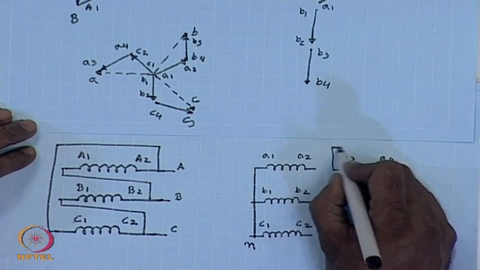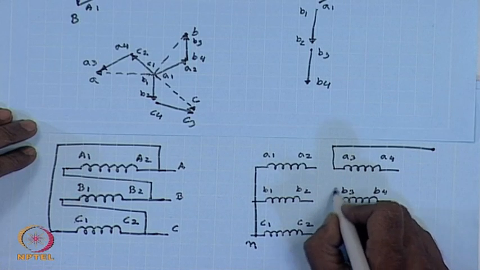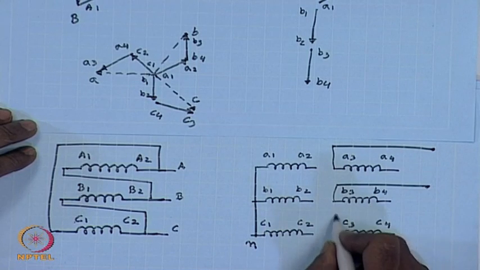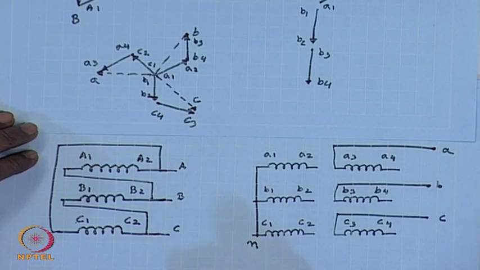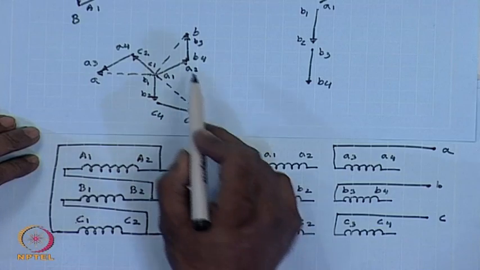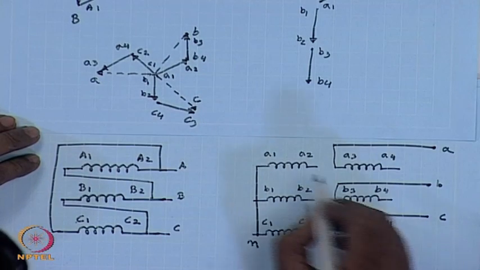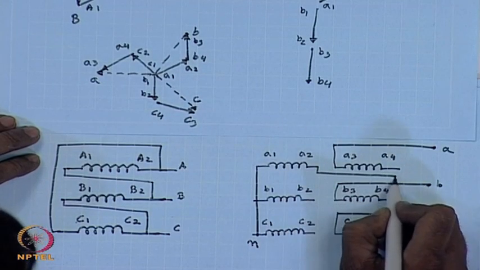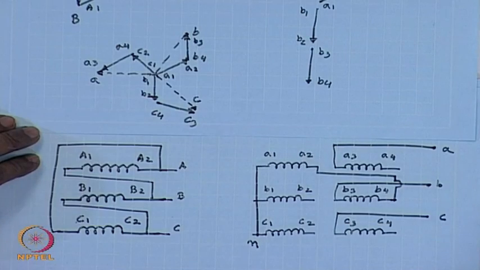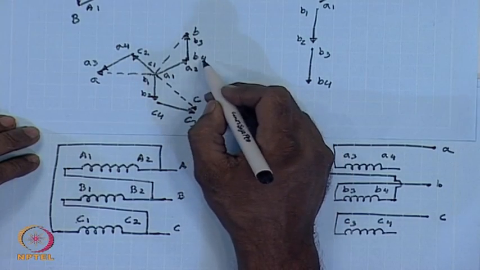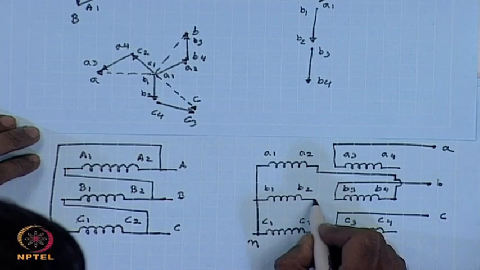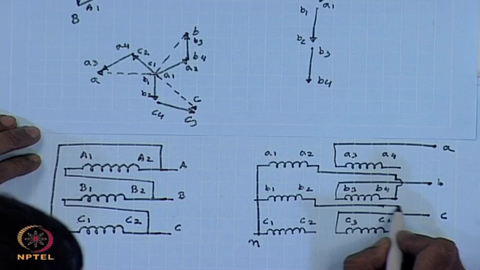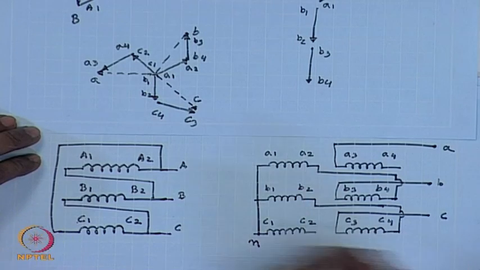So, these are the terminals taken out A, B and C. Connection wise, A2 is connected to B4, B2 is connected to C4, and C2 is connected to A4.